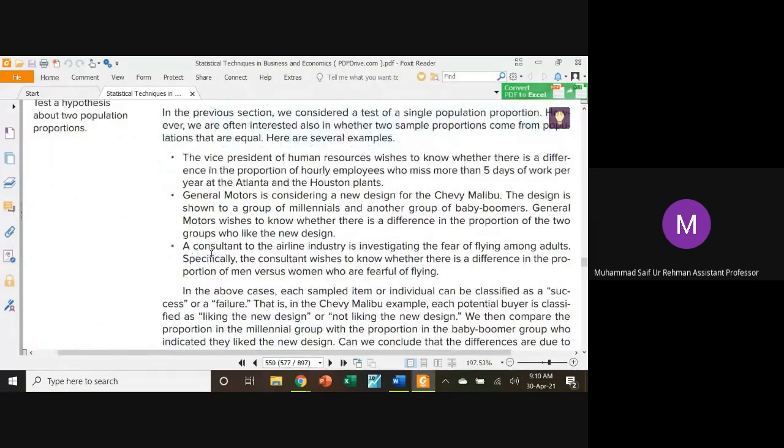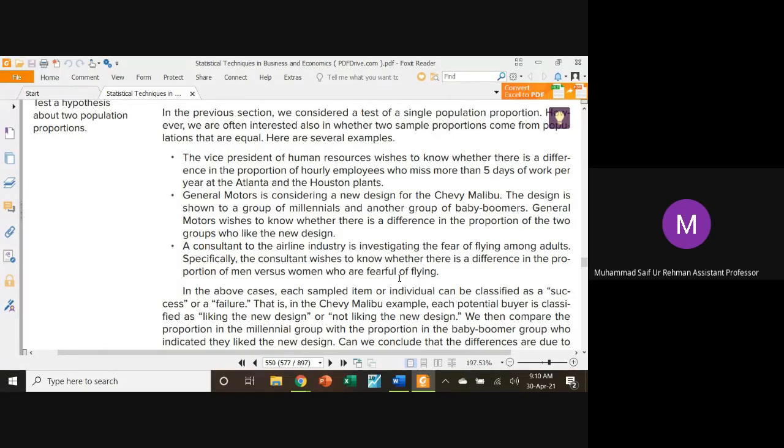A consultant to the airline industry is investigating the fear of flying among adults. Specifically, the consultant wishes to know whether there is a difference in the proportion of men versus women who are fearful of flying. So basically, he's considering the fear level of the men and women.